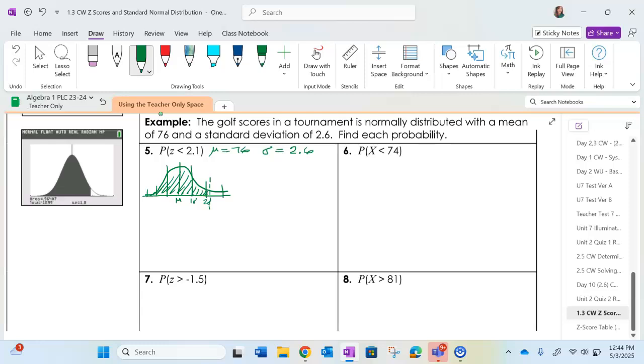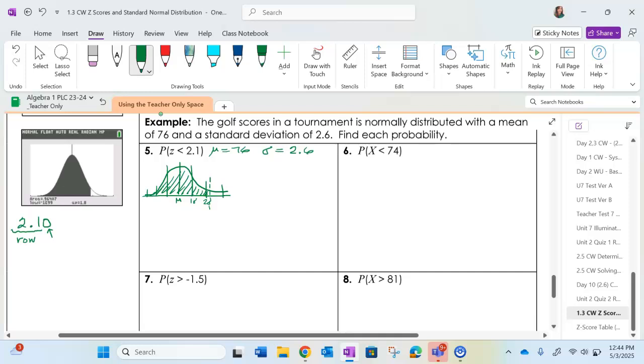When you're trying to find a z-score on the chart, you need to have 1 number in front of the decimal and 2 numbers after the decimal. Well, if I only give you 2.1, then this is the same as 2.10. Okay? These first 2 numbers are the row.